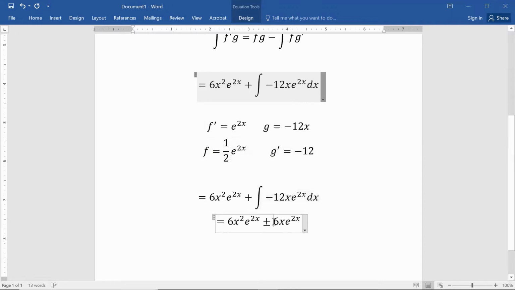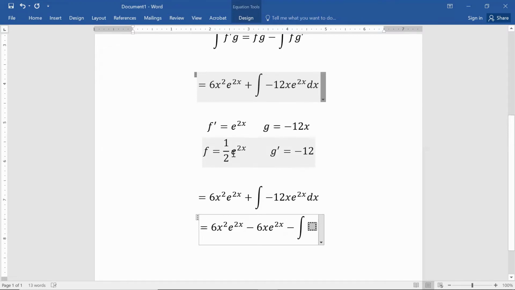That should be a minus there, not a plus or minus, but a minus. Minus integration of f times g prime.